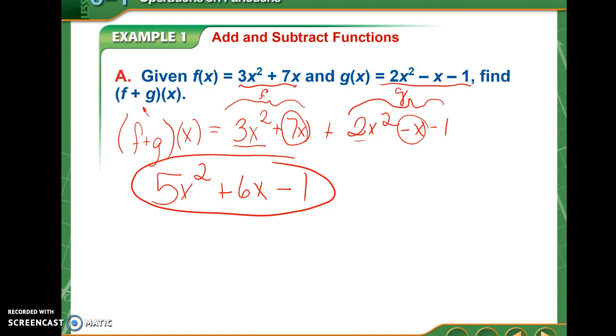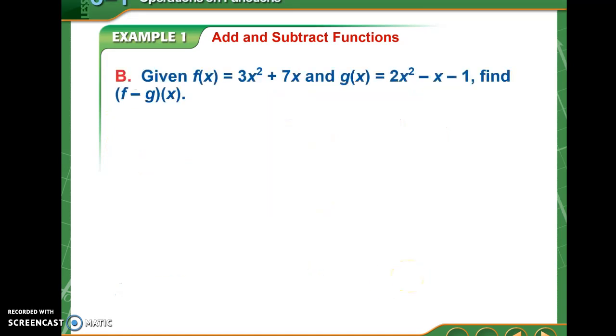So we've done this. This function notation is something that we need to know. F minus g, same thing, but you're going to take the f function and subtract the g function. So again, we start with our f function, and we're going to subtract the g function.